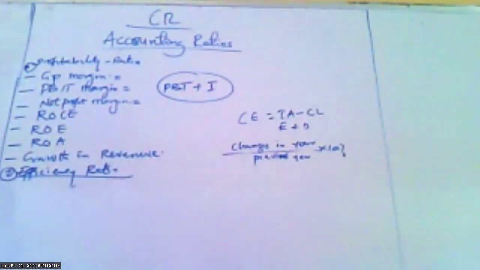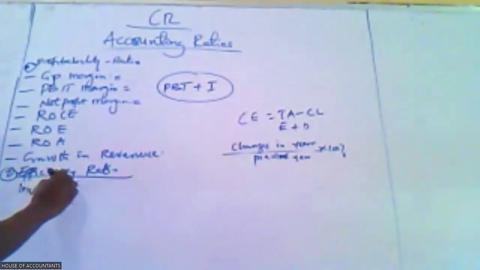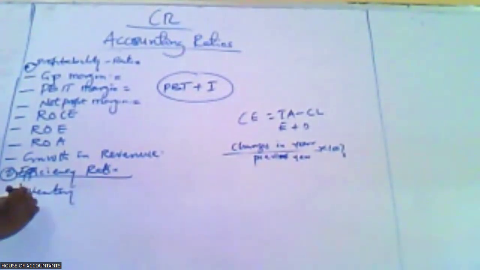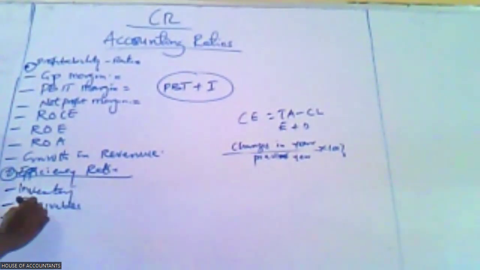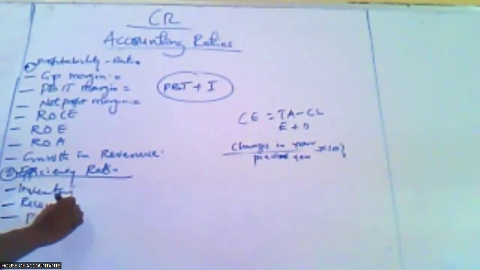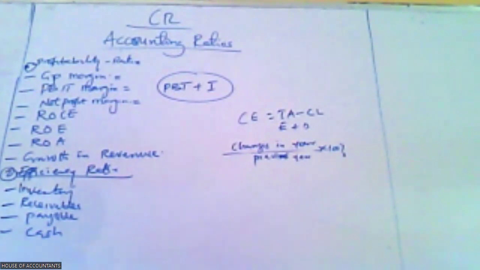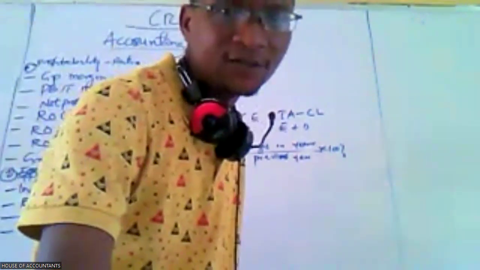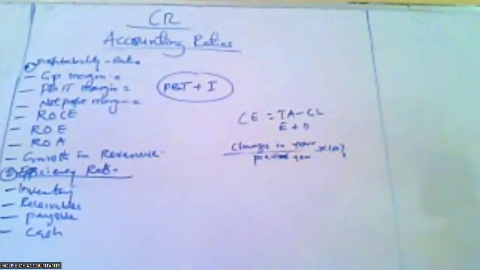Under efficiency ratio, we are talking about 4 things: inventory, receivables, payables, and cash. Efficiency is talking about payables, receivables, inventory, and cash.